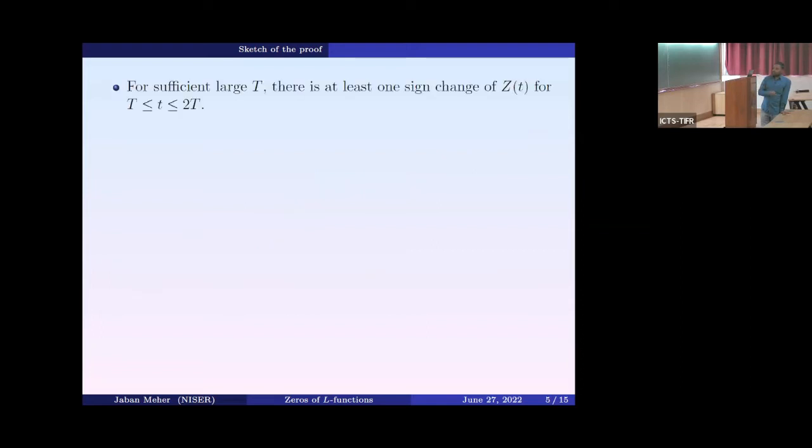So how to prove that there are infinitely many sign changes? For sufficiently large t, you prove that there is exactly one sign change between t and 2t. Once you have one sign change in t to 2t, this will imply infinitely many sign changes because t is sufficiently large. Then you can take 2t to 4t, 4t to 8t, like that, and then you get infinitely many.